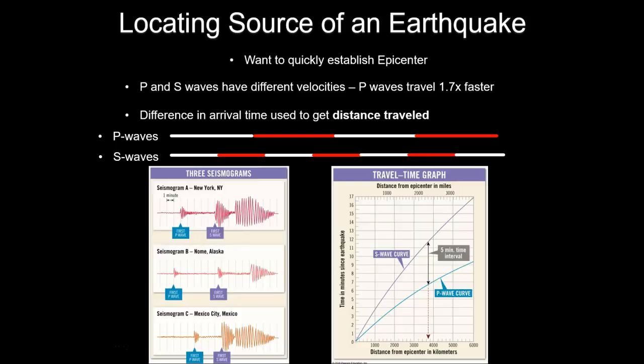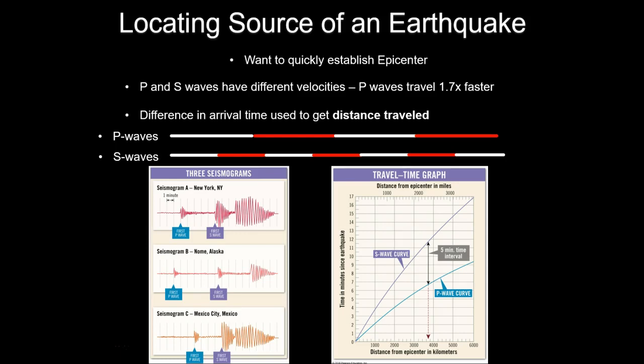Okay. So, an example of this is shown in the figure to the left that you're seeing right here. This example shows 3 different seismographs recording the same earthquake event. So we see that the difference in arrival time between the P and S waves is greatest in the seismogram from Nome, Alaska.